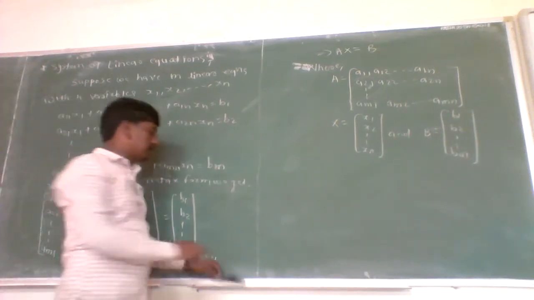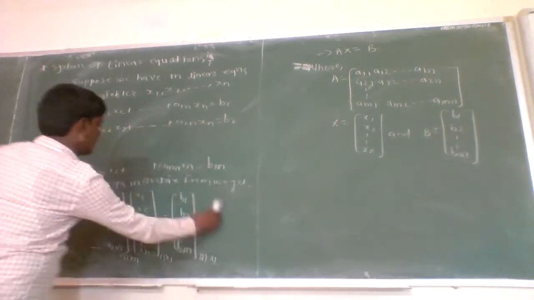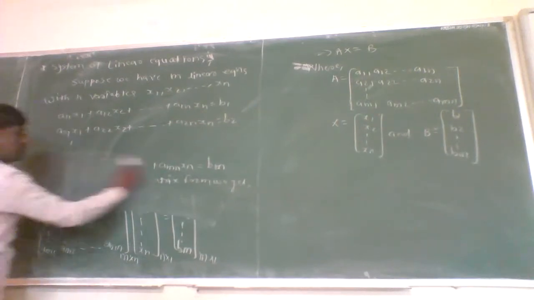Now we have to see what is a homogeneous system of linear equations and a non-homogeneous system of linear equations.